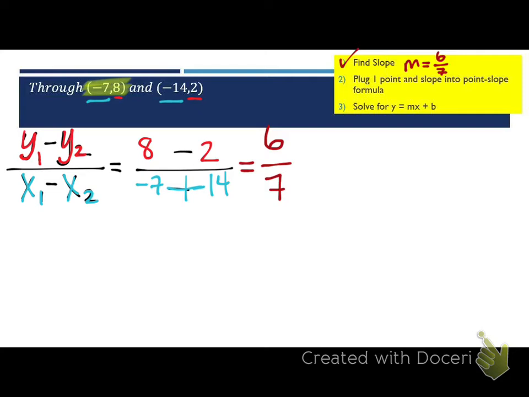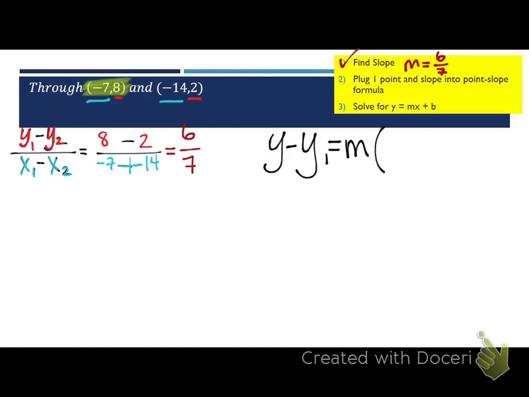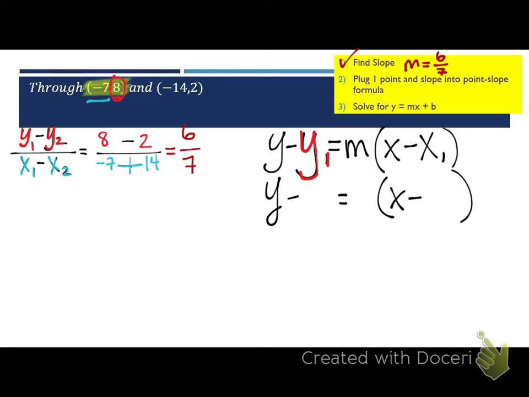If you had plugged in negative 14, 2, you still would have gotten the same answer as we're about to get. So we're going to plug in our point and our slope into the point slope formula. y minus y1 equals m times x minus x1. All right, so what is my y that I'll be plugging in? 8.